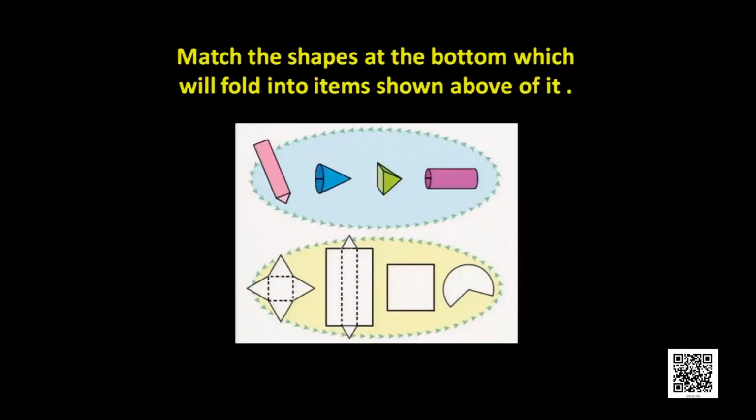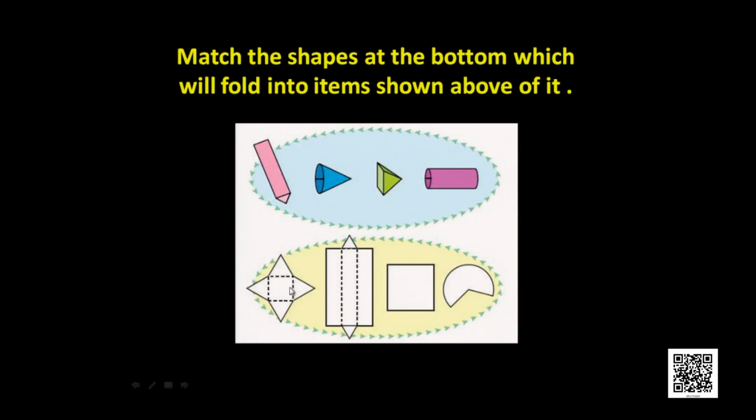Now, we have to match the shapes at the bottom which will fold into the items shown above them. You see below that one square is there, and around it 4 triangles are there. We have to fold it. So, what type of object will I get?